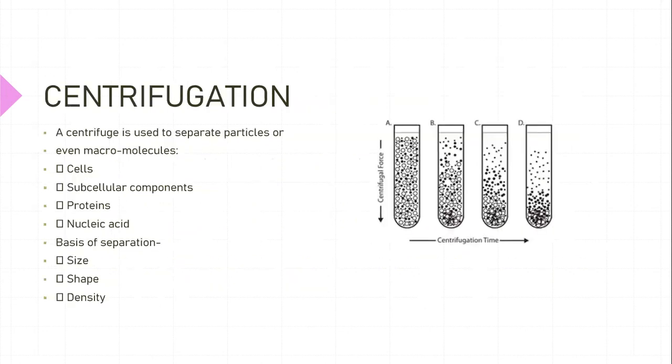Centrifugation is used to separate particles or even macromolecules. You can separate out molecules of different sizes. How? The bigger molecules will settle faster and at the bottom, and the later ones will settle subsequently, so the separation is done according to size.